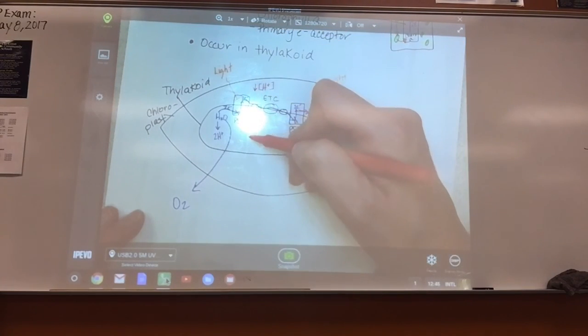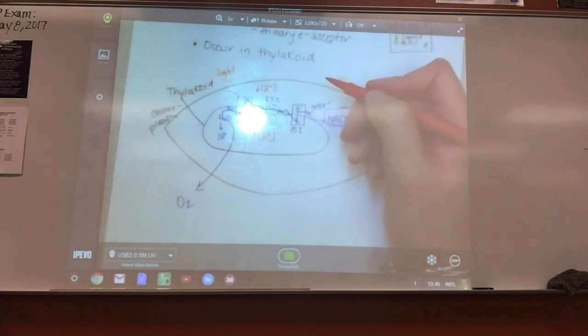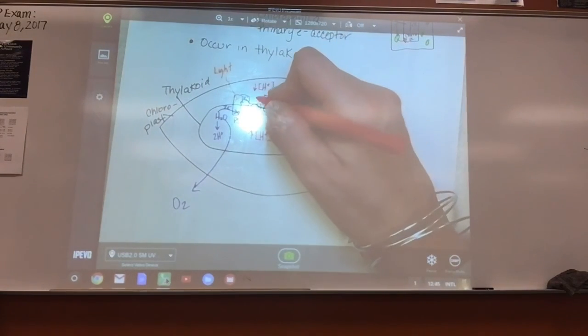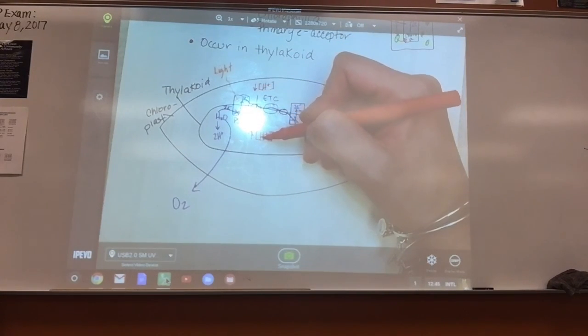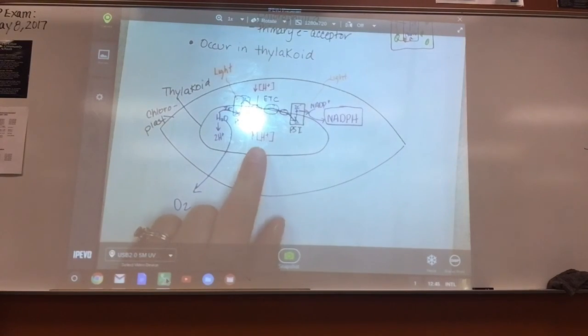Non-cyclic flow means the electrons are flowing linearly, so they go from one thing to another. And in non-cyclic flow, you make both ATP and NADPH. But if you recall, when I say that these guys go to the Calvin cycle, they're made in a 1-to-1 ratio, but they're not used in a 1-to-1 ratio.